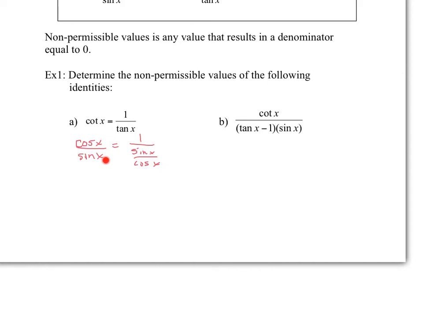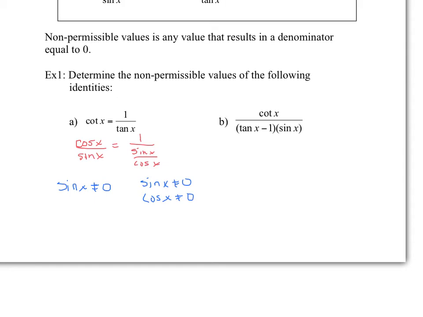So right here, sine x cannot equal 0 because you'd be dividing by 0. And over here, either sine x or cos x cannot be 0 because it would make the denominator equal 0. So on this side, sine x cannot equal 0, which is basically the same as this one, and cos x cannot equal 0.